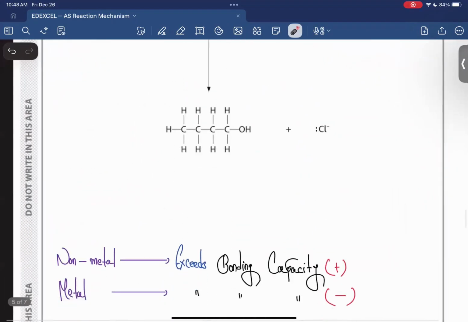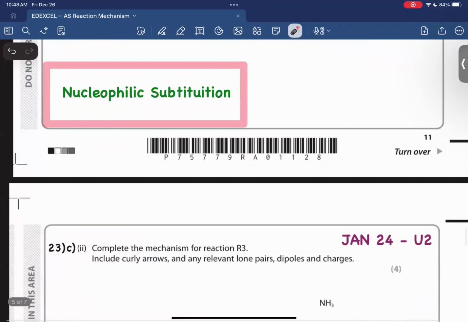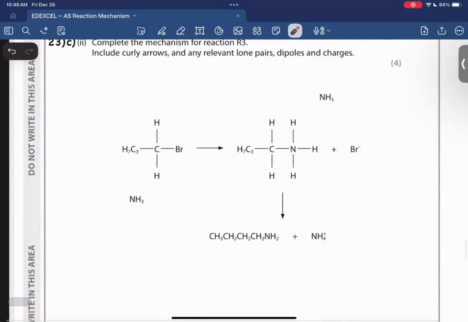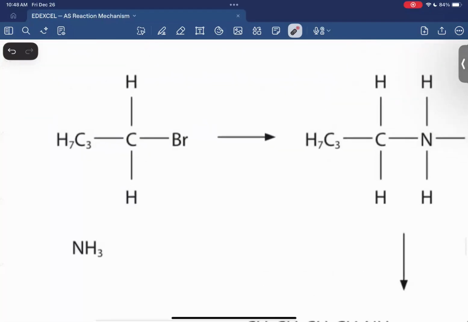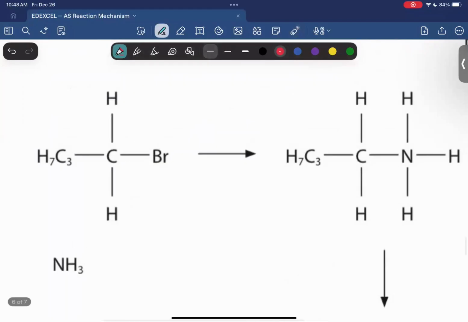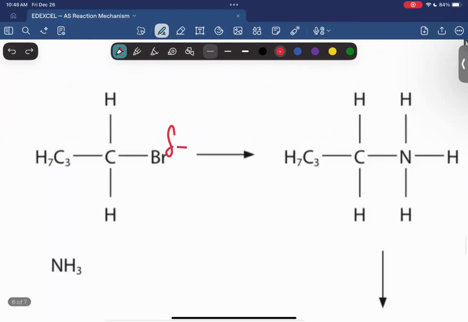Now coming to the last type of mechanism that is explicitly mentioned in your syllabus is going to be nucleophilic substitution of NH3. Now again, let's start with electronegativity, delta minus, delta plus.